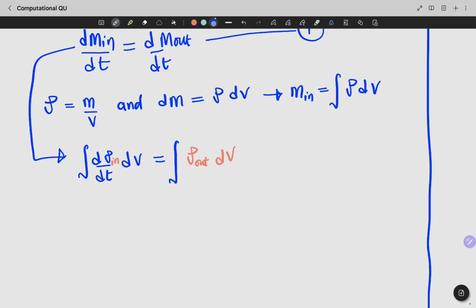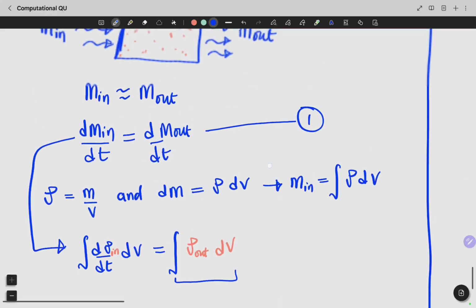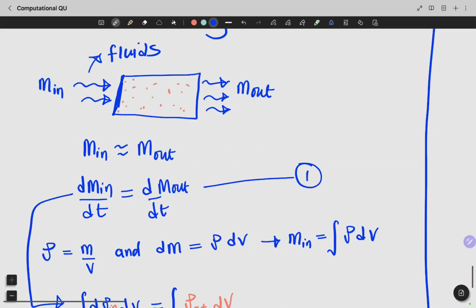Now it turns out that you can write this mass coming out in terms of the area multiplying the length. So this is the area, for example, multiplying the length.